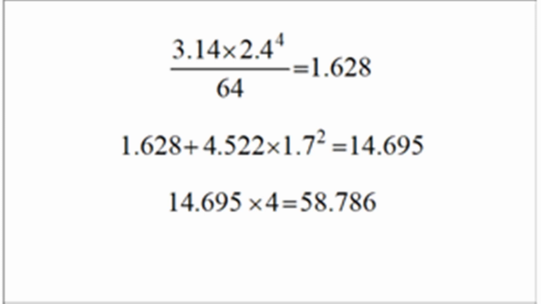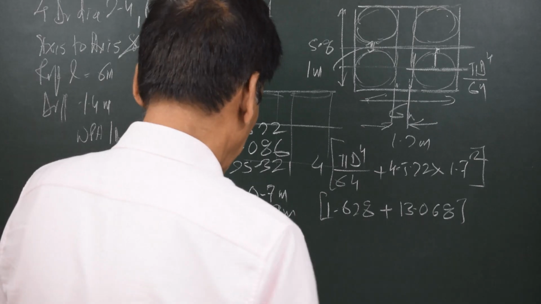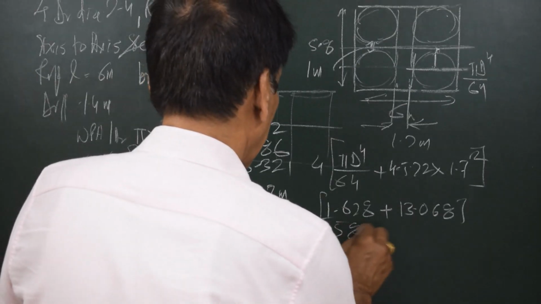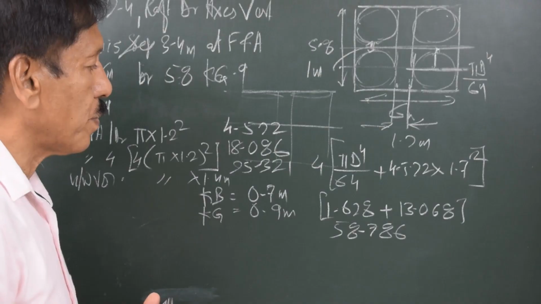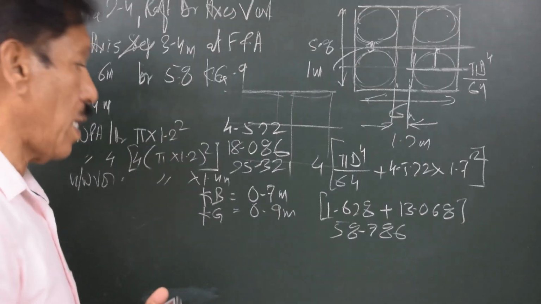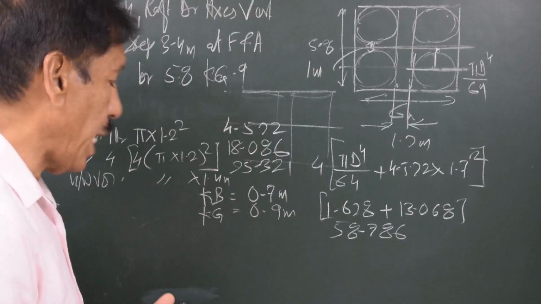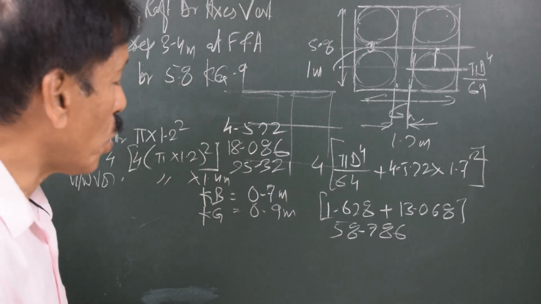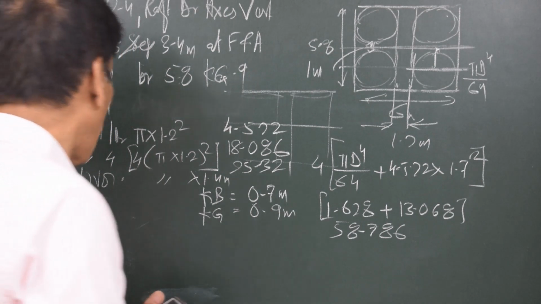The total multiplied by 4 is 58.786. That is the total moment of inertia of waterplane area about the common center line, that is 58.786.